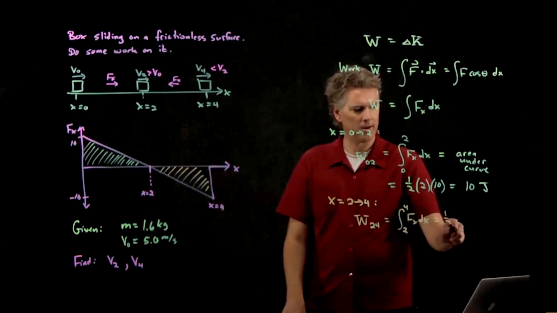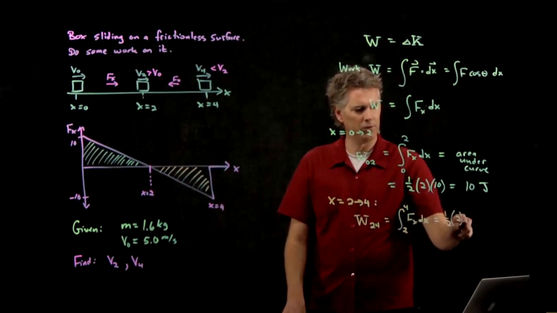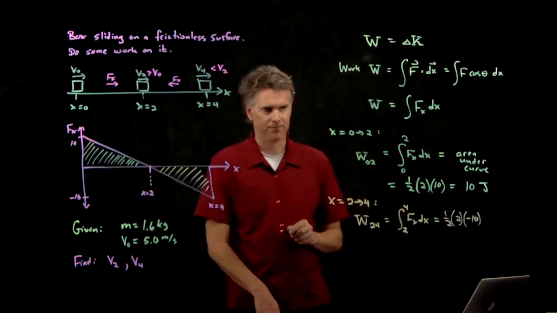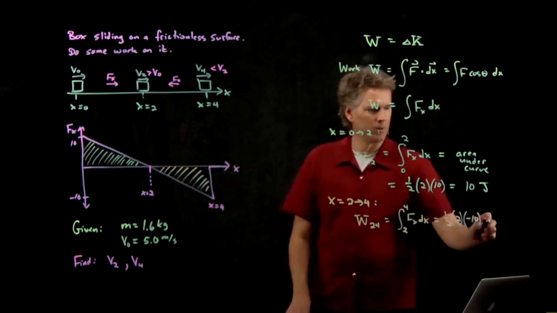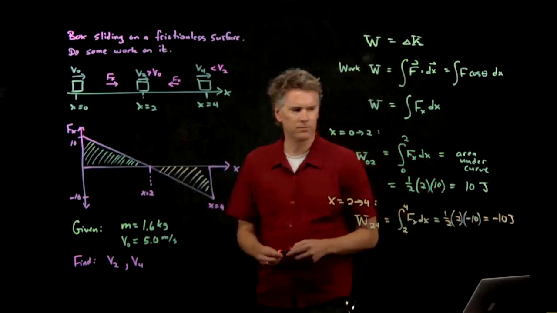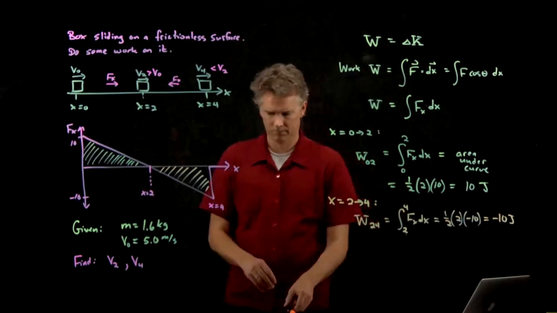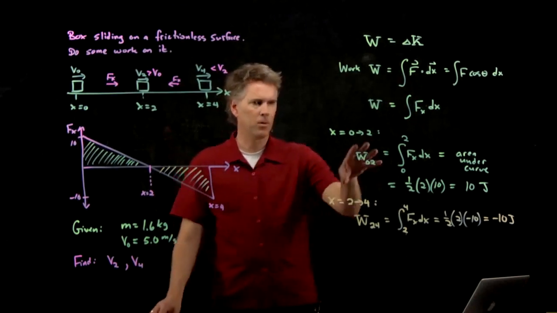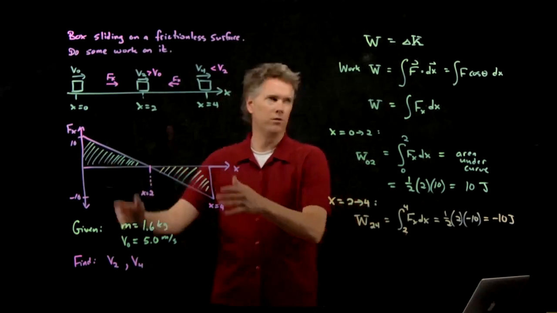So it's 1/2 the base, which is 2, times the height, which is -10. And so we get minus 10 joules. Okay, so now we know what the work is for those two sections.